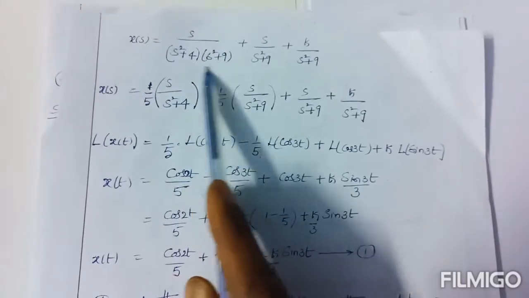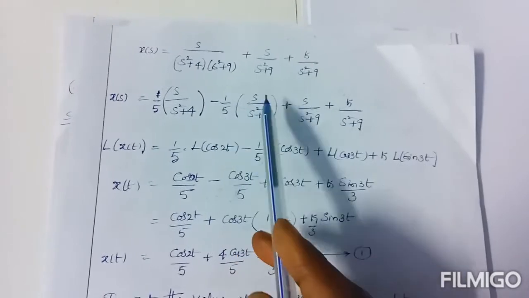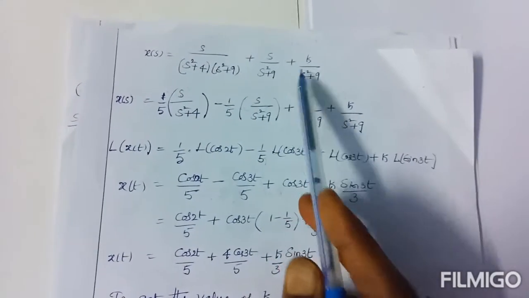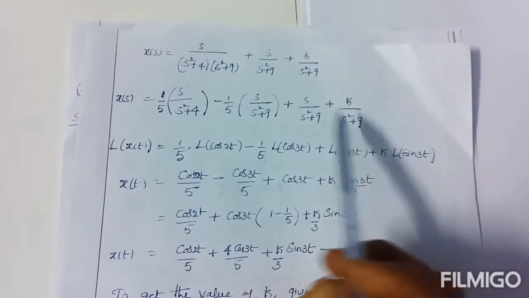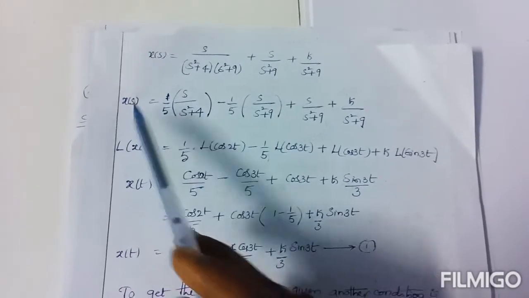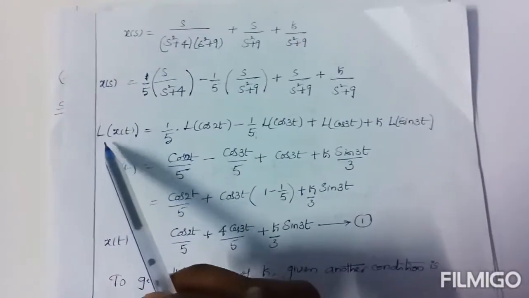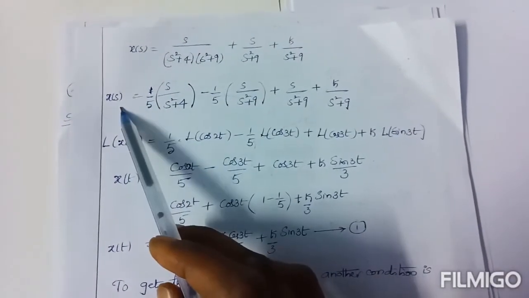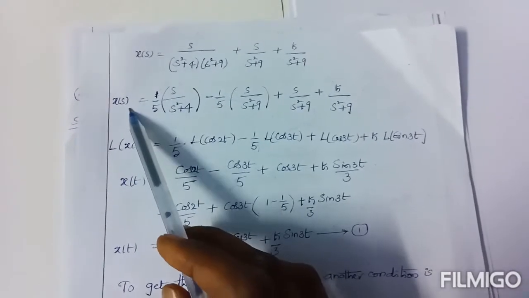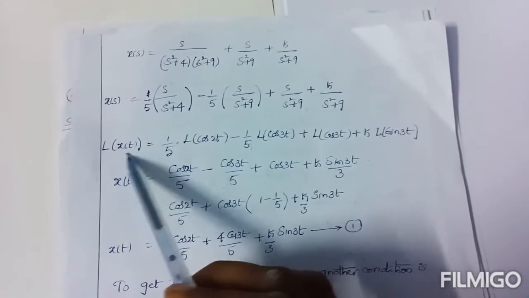So instead of the first term, we write 1 by 5, s by s square plus 4, minus 1 by 5, s by s square plus 9, as per calculation, plus the remaining two terms as they are. After that, x of s is nothing but y of s. Y of s is also written as L of y of t. But instead of y, what is the variable? X. So L of x of t is x of s. X of s is nothing but L of x of t, because x of t is the solution.